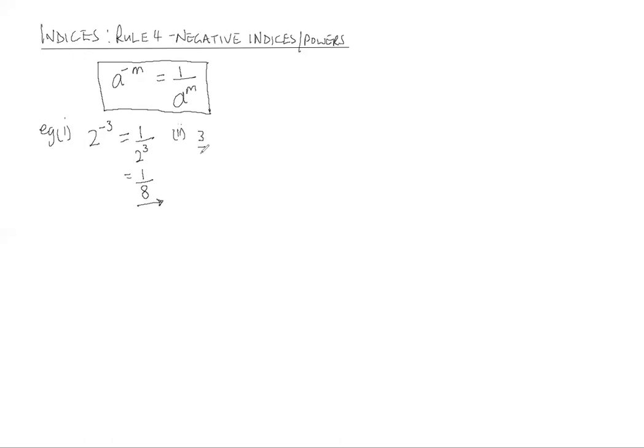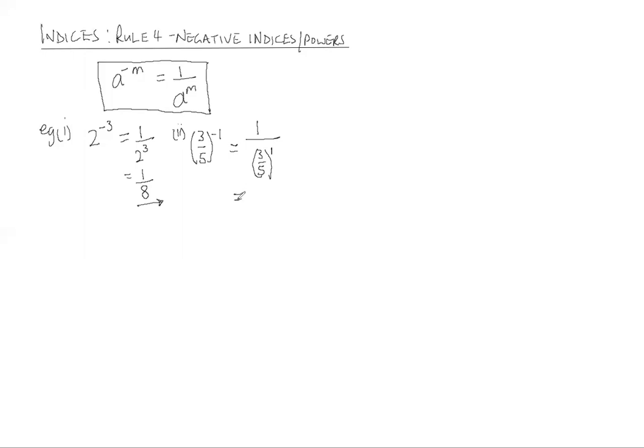3 over 5 to the power negative 1. So this is the same as saying 1 over 3 over 5 to the power 1. Now this looks like something that is very complicated, but it's very easy.